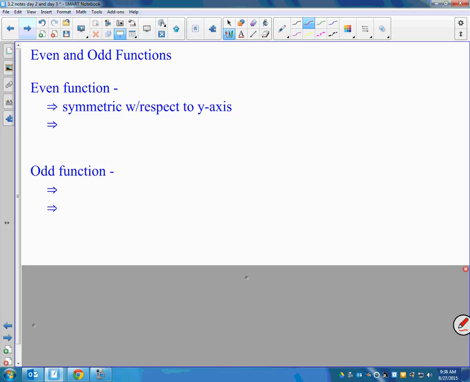Maybe my favorite, most famous even function that we deal with all the time is f of x equals x squared, right? It's even because if you graph it, it is symmetric with the y-axis. Any parabola that's centered on the y-axis, wherever it is, you could fold it over and it would be the same.